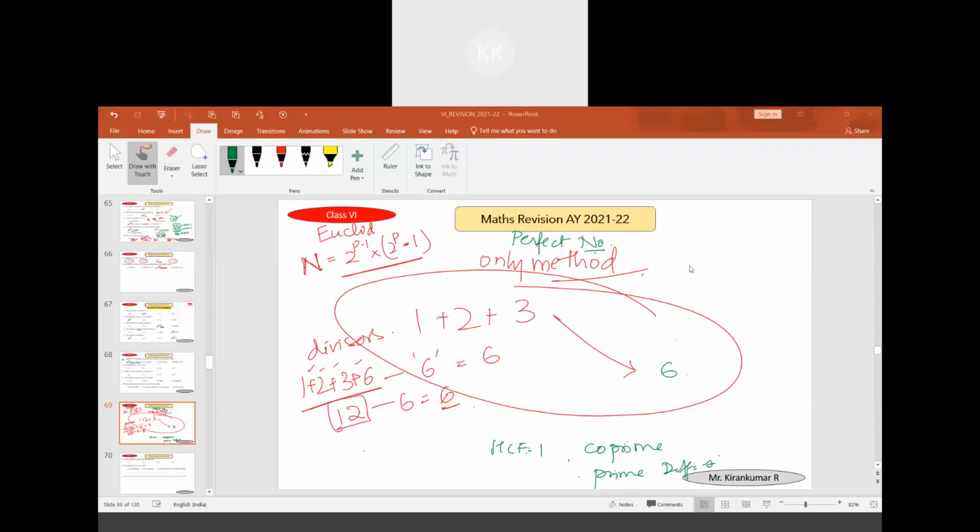Say for example, 2, 3, 5. If you consider 2, 3, 5, their difference is not 2. Okay. 3, 5, 7.